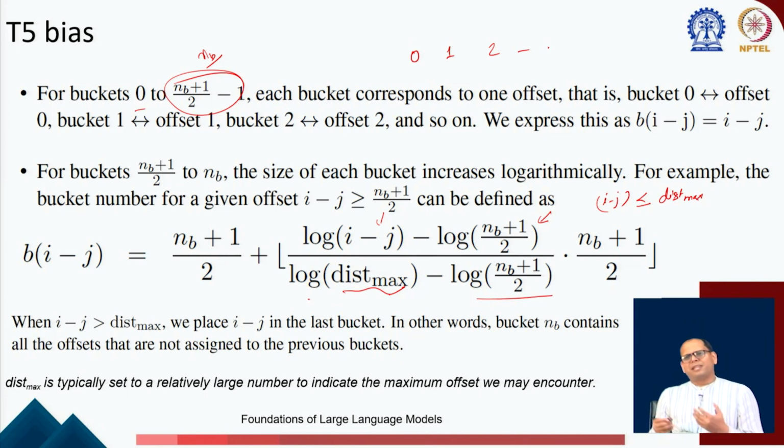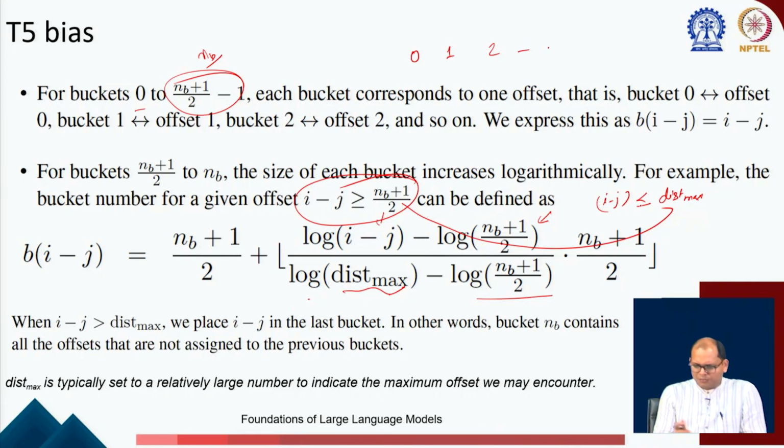Let us say you have some maximum distance from the training, and beyond (NB/2) minus 1, up to dist max, use this formulation. So, you will keep on growing the bucket size, increasing logarithmically. Now, what will happen if i minus j goes beyond dist max?